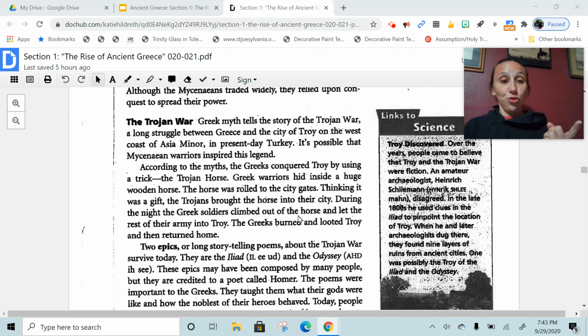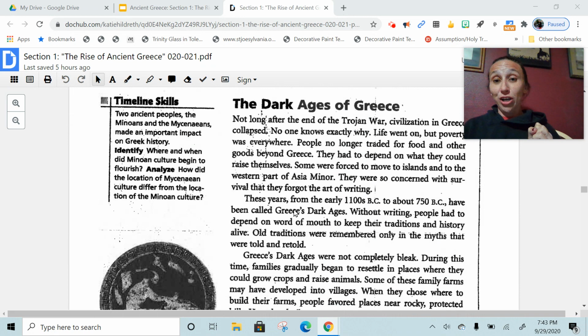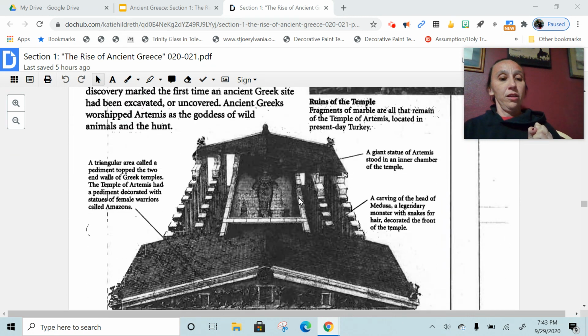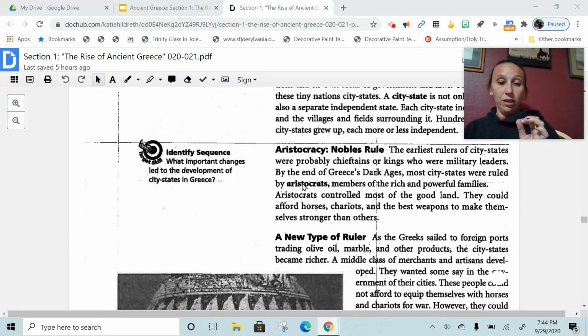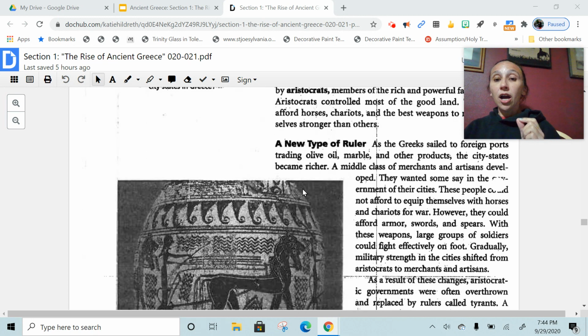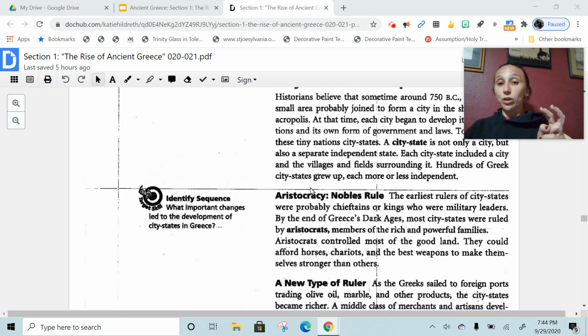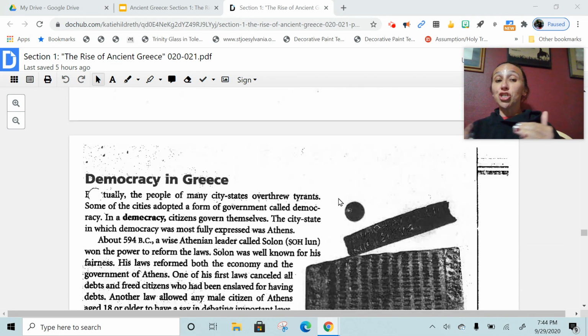Number 4, the Trojan War. Number 5, the Dark Ages. Number 6, the city-states. Number 7, aristocracy. Number 8, a new type of ruler, and that was tyrant. And then our last section should be democracy in Greece. So you should have 9 subsections.